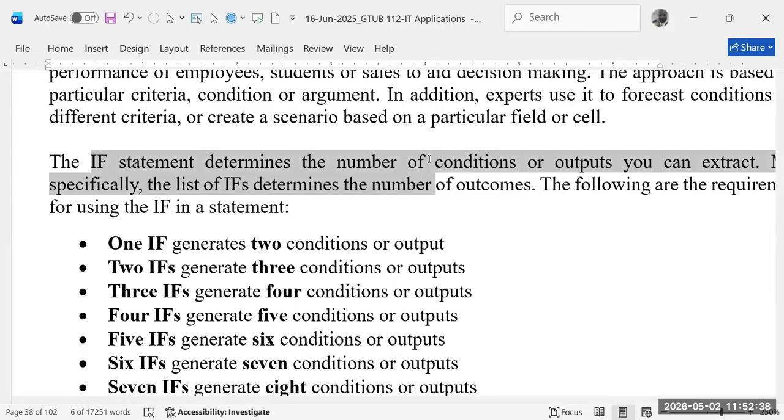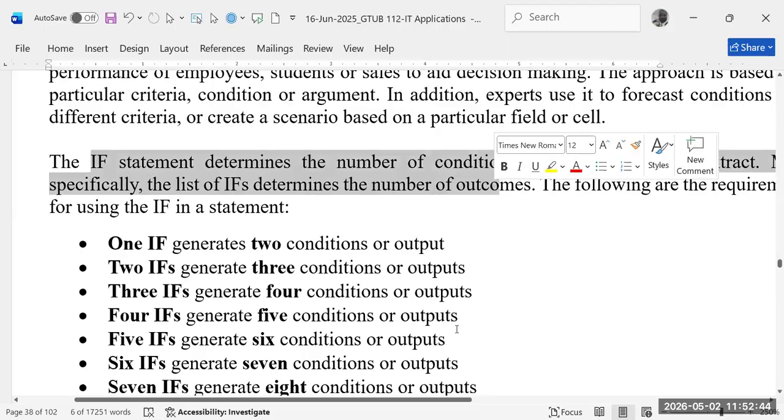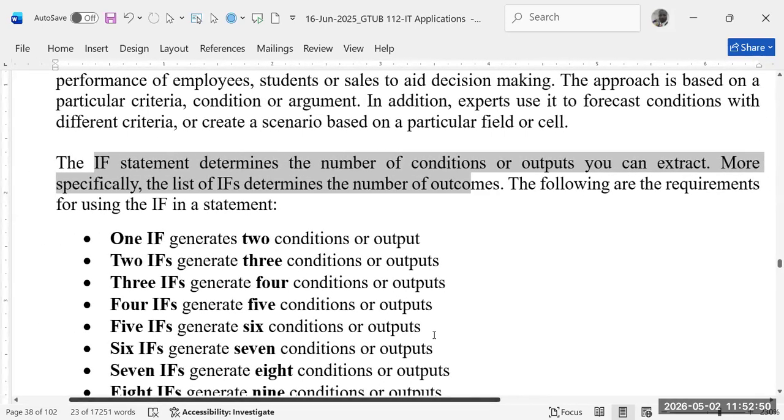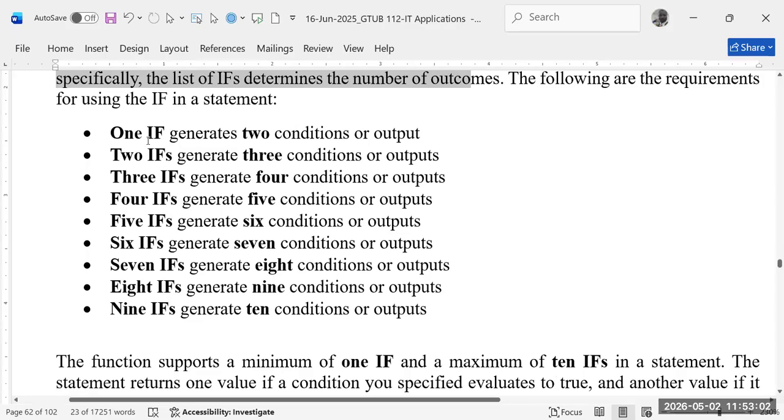The if statement determines the number of conditions that can be used to extract your condition. More specifically, the number of ifs determines the number of outcomes you can generate. If you are looking for two outputs, for example pass and fail, you use one if. If you are looking for three outputs, credit, pass, fail, you use two ifs.